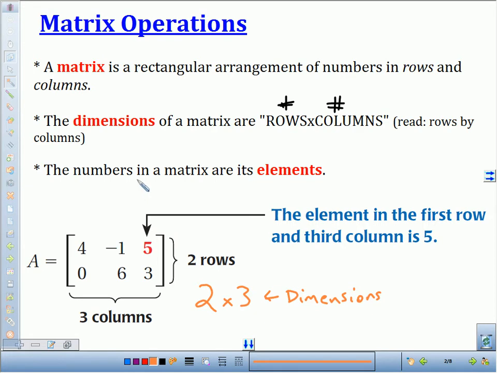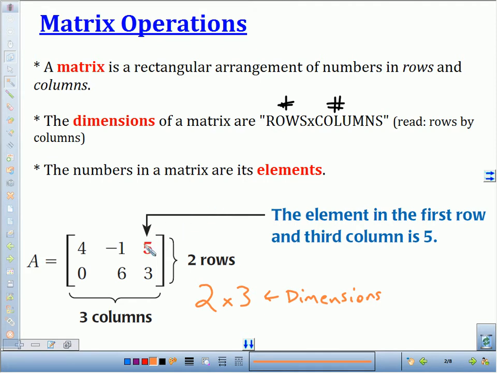Now, the numbers in a matrix, each individual number, in this case there are 6 of them, 4, -1, 5, 0, 6, and 3. Each of these numbers is an element of the matrix. Then all the numbers together are considered the elements. And we can specify which element we're talking about.